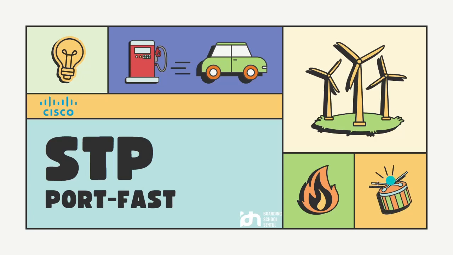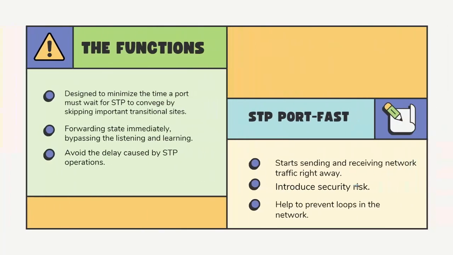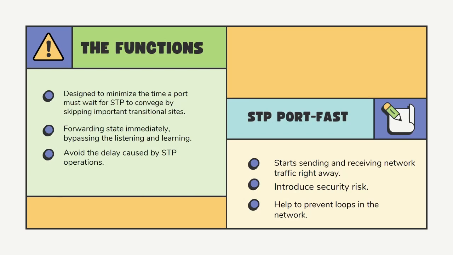So there are some functions in spanning tree PortFast. For the first function, PortFast is designed to minimize the time a port must wait for STP to converge by skipping important transitional states. For the second, it goes to the forwarding state immediately, bypassing listening and learning.